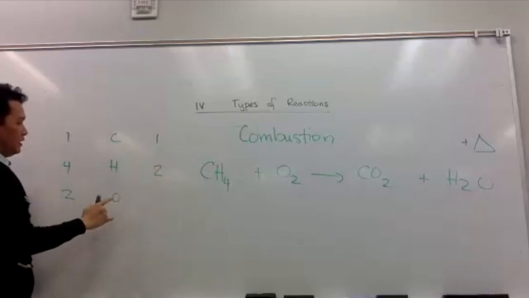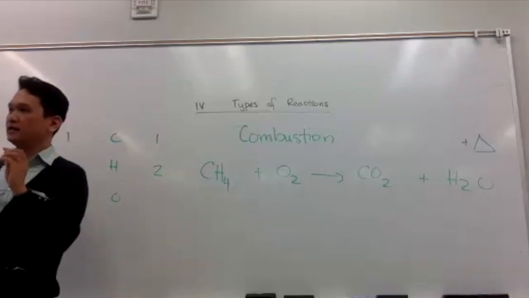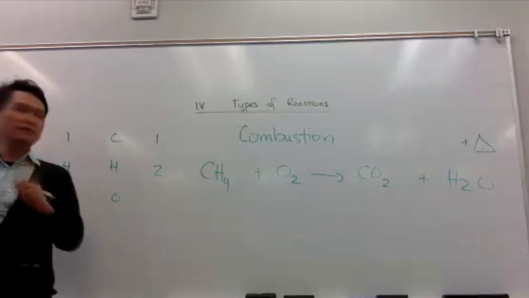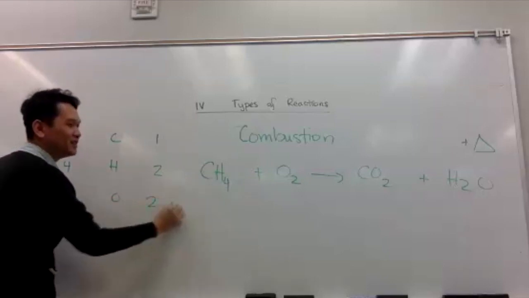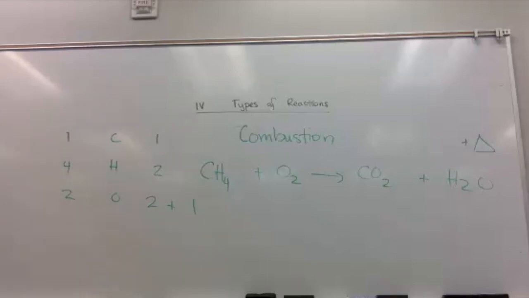How many oxygen? 3. But here's the trick. This is the trick to do combustion reactions. If you do this trick, it becomes a lot easier. Don't say 3. Say 2 plus 1. Go ahead and jot that down. 2 plus 1. Okay, and we'll see why in a bit.